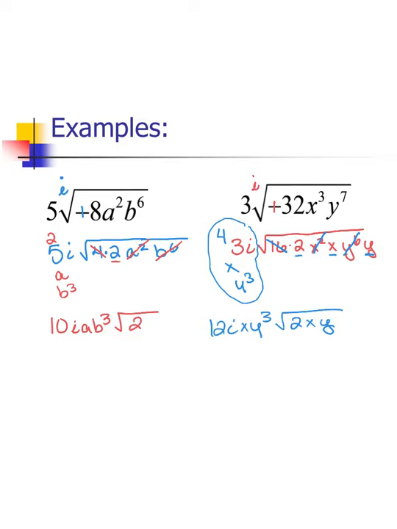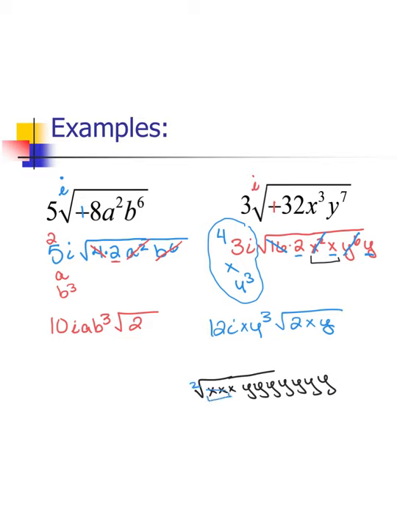For those of you that do not like to do your letters this way, quick review. If you wanted to simplify x to the 3rd, we could rewrite it as 3 x's. And y to the 7th, we could write out 7 y's. And remember, when we're simplifying radicals, since there's a 2 there, it's a 2-for-1 deal.